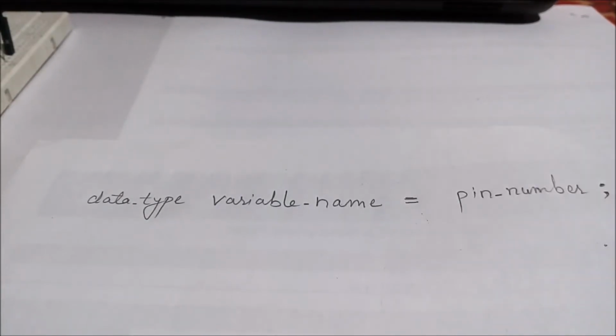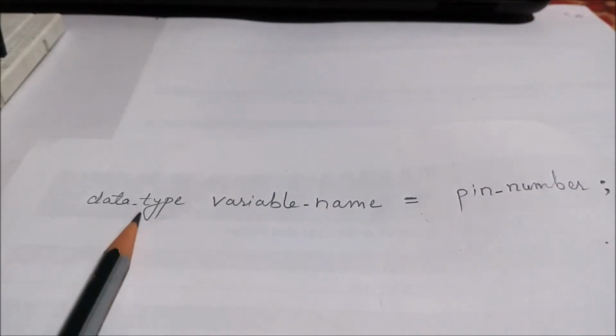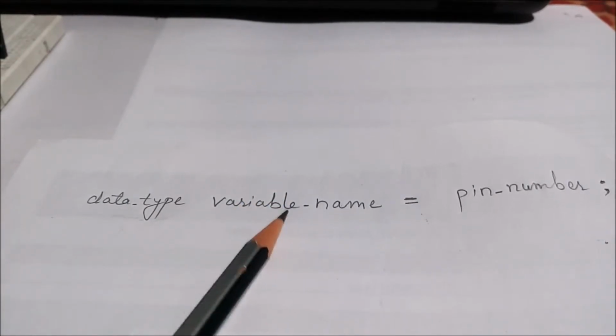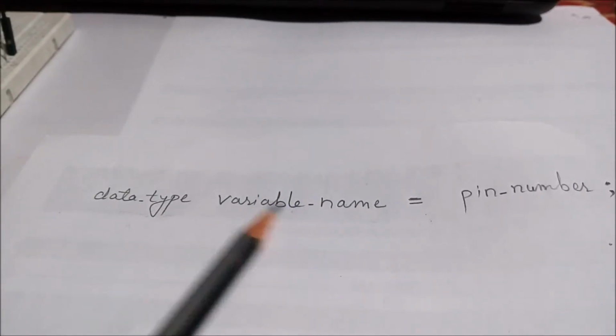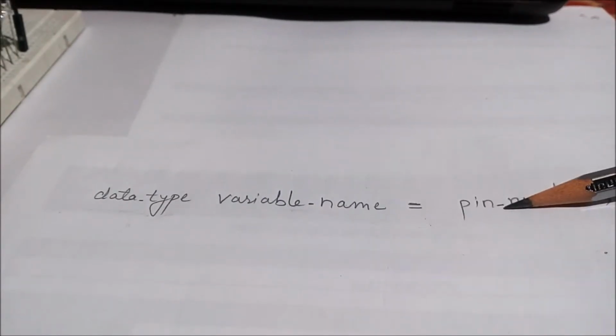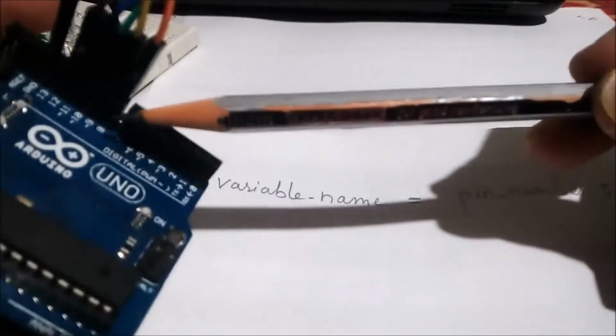The first thing here is a data type. The data type is mainly the type of data which is stored in this variable. A variable is a container in which I am going to store the pin number. So as you see, this is 8.